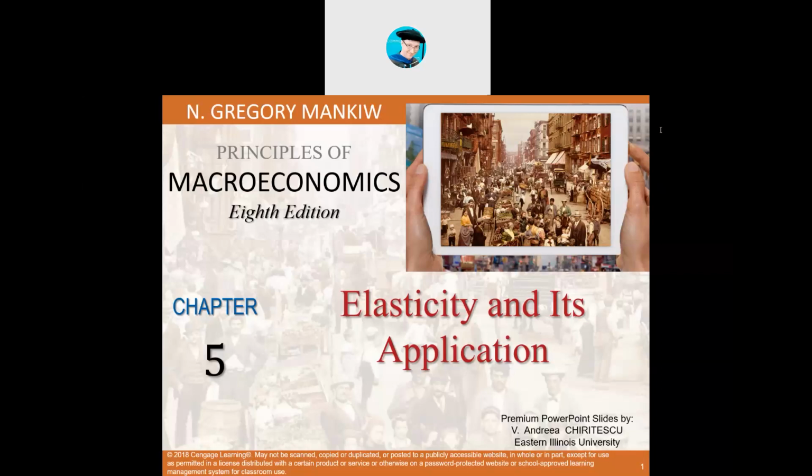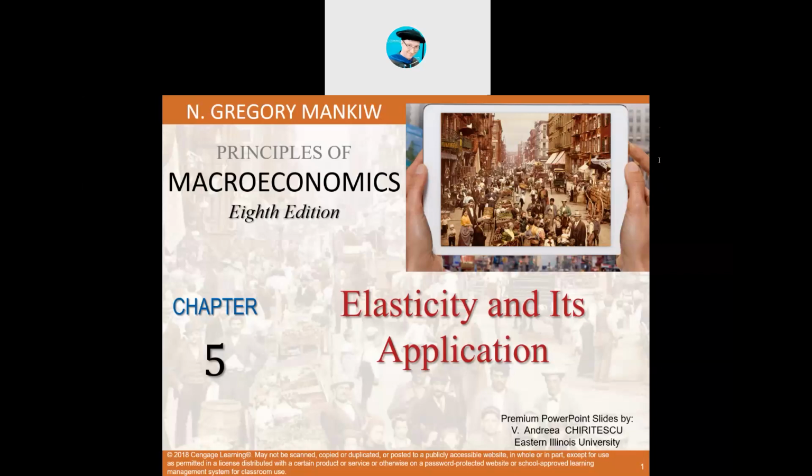Elasticity, from the term elastic, simply means how much toleration there is within the economy. Think of a rubber band going back and forth. It's elastic. It changes with toleration levels. And that's what elasticity is.